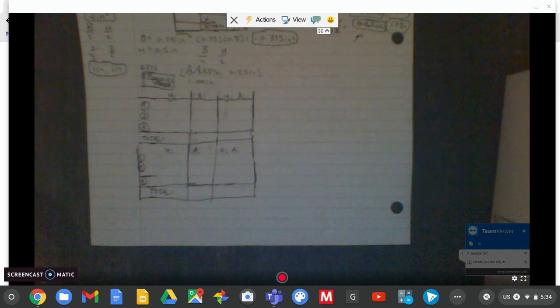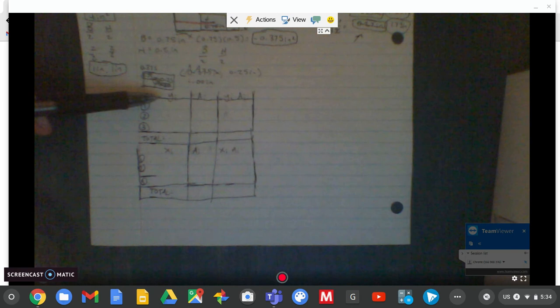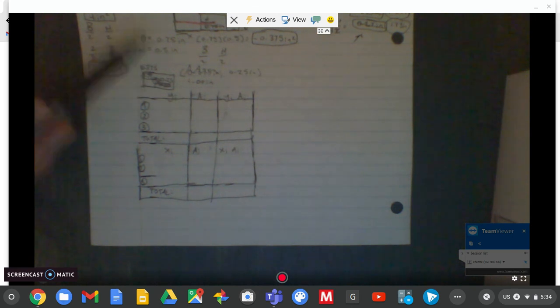So, as I was saying in the last part, we're doing the table now, and it says YIAI and then YIAI. We need to fill in the values we have for that. So YI just means the Y centroid coordinate, and we need to fill that in for shape 1, 2, and 3.